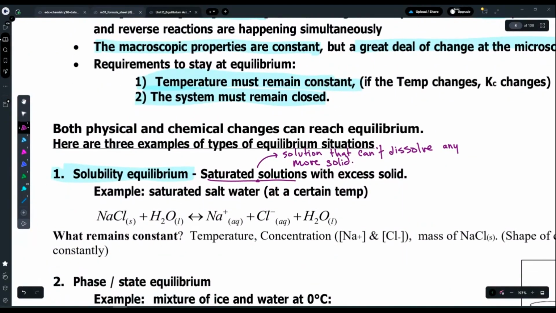So, for example, let's say we have a saturated salt water solution that's at some particular temperature. We have our reactant being solid sodium chloride, which is salt, that's placed in water, and that causes the dissociation of sodium chloride. So we get the ions, the cation and the anion, sodium 1+ and chloride ions.